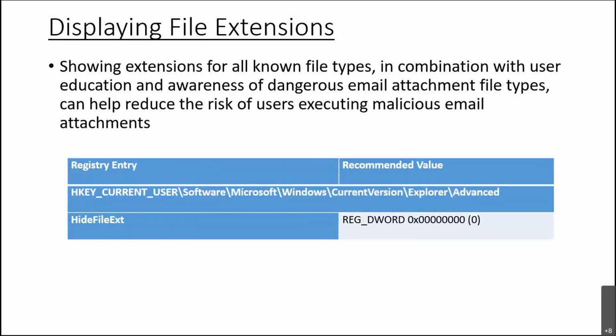It is better to set the hide file extension option to 0, so that for every file type saved onto the system you are able to see the extension, whether it is a genuine file or some exe or malicious file.